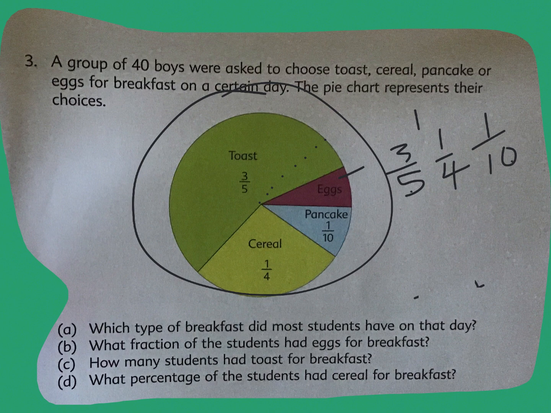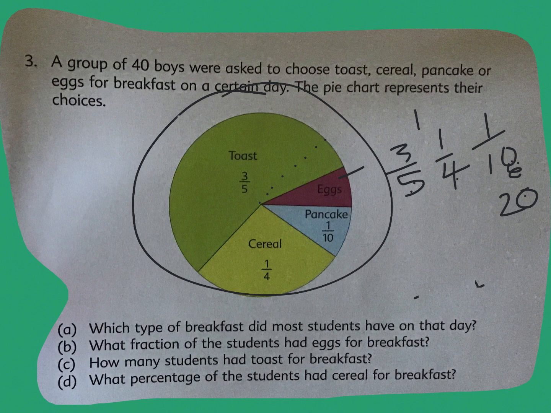Well, 5 goes into 10 evenly, but does 4 go into 10 evenly? No. Let's skip count by 10 since that's the biggest. 10, 20. Does 4 go into 20? Yes. Does 5 go into 20? Yes. So it looks like 20ths are going to be our denominator.